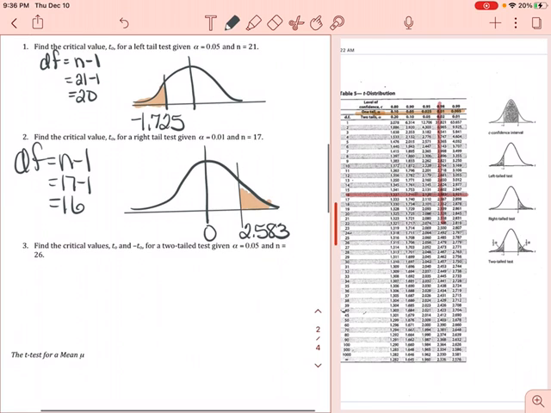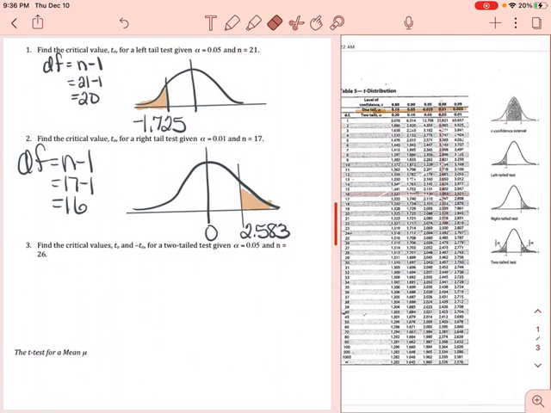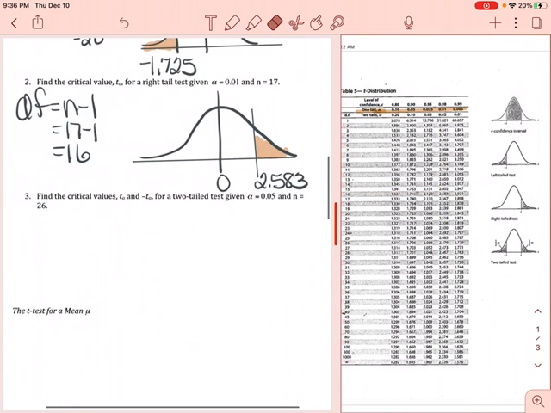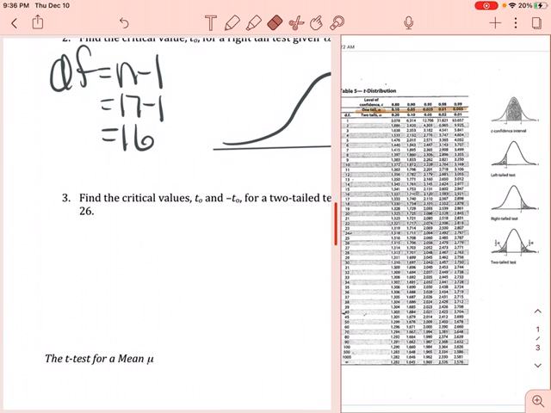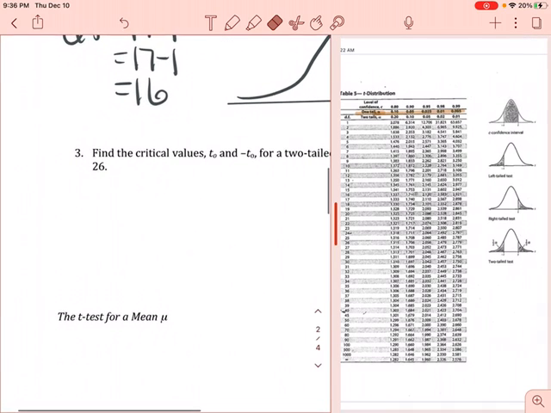Okay, let's try the last one. We're going to find the critical values, t sub 0 and negative t sub 0, for an alpha of 0.05 and n is 21. So we need our degrees of freedom.